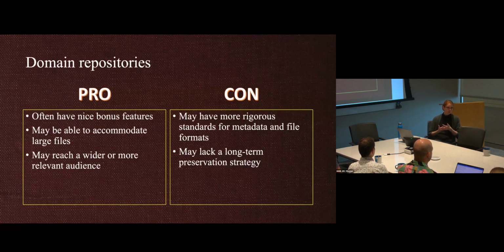And you can't do that with Figshare. And they may reach a wider or more relevant audience. So you may even be thinking about putting your data on something like Kaggle, which doesn't issue DOIs, but you might want to reach that audience, which tends to be not necessarily an academic audience.